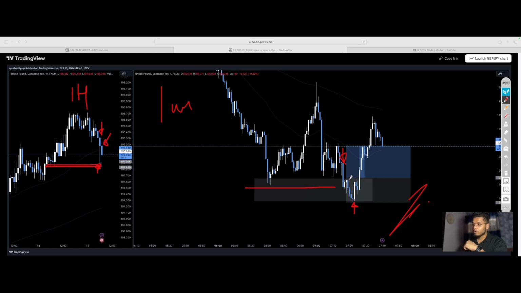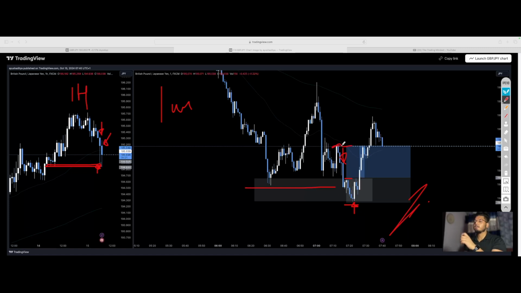Why? Because the bearish sentiment has been depleting at this particular level, and with this bullish close, the buyers have proved that they have entered the market and are ready to take the market up from this level. So I put my entry over here, my stop loss over here, and I simply aim for this high.